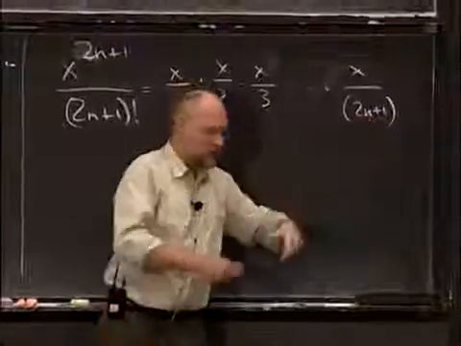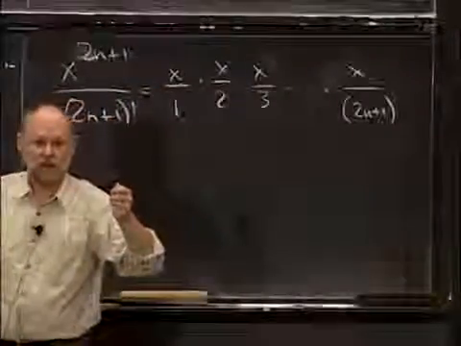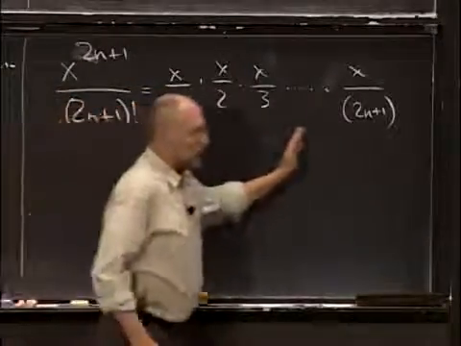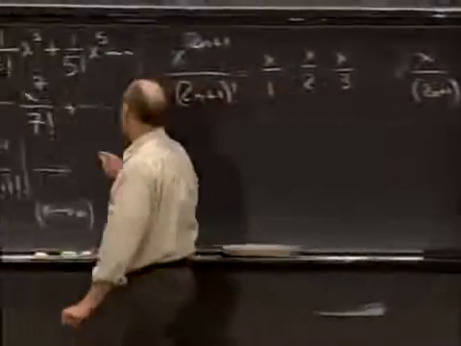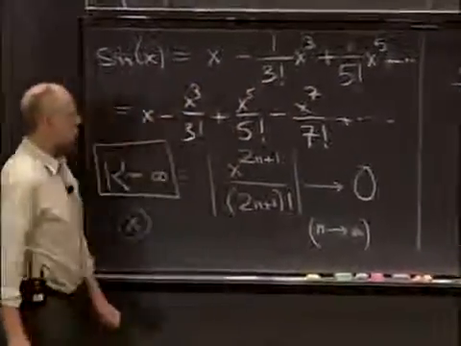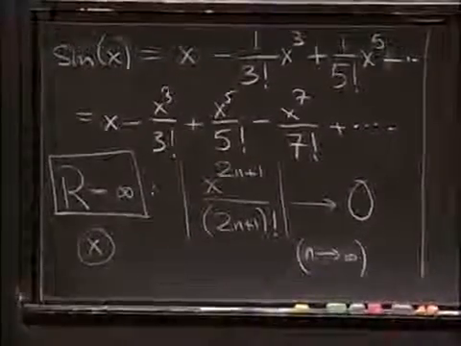The denominators keep getting bigger and bigger, but the numerators stay the same. They're always x. So when I take the product, if I go far enough out, I'm going to be multiplying by very, very small numbers, more and more of them. And so no matter what x is, these numbers will converge to 0.